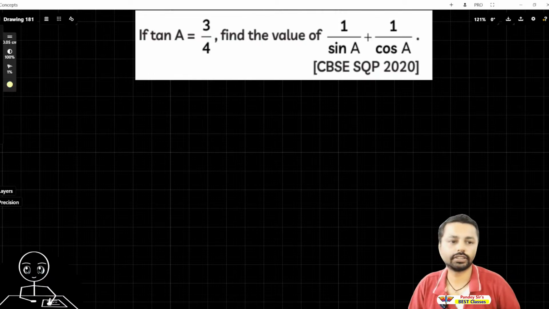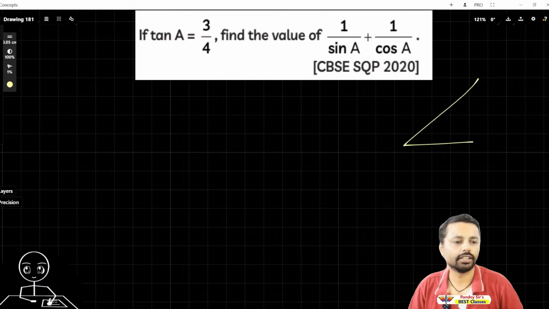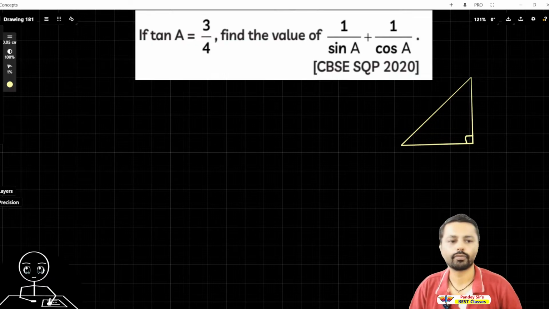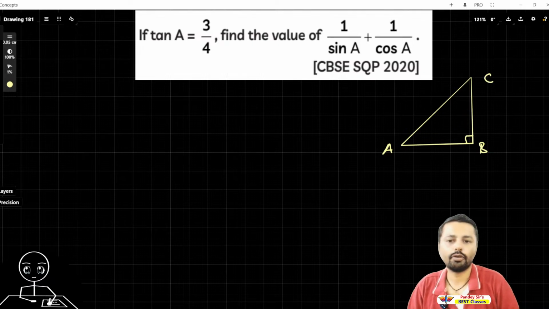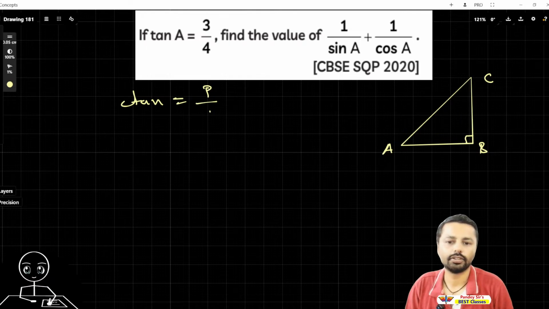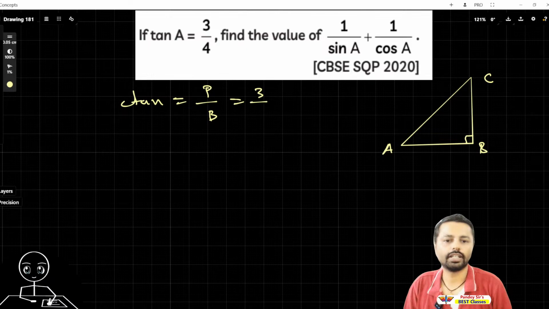First, you must draw the triangle. Every time in the exam, if you see this question, draw a right angle triangle. Name it A, B, C. Now what is tan? Tan equals P by B. That's 3 by 4.